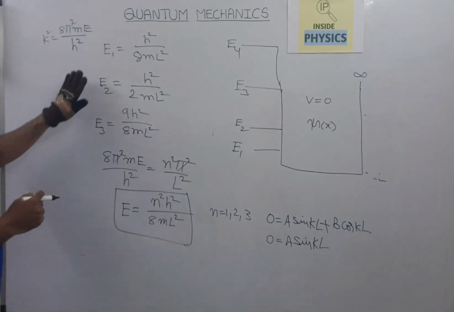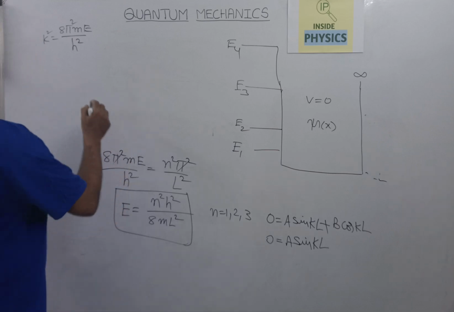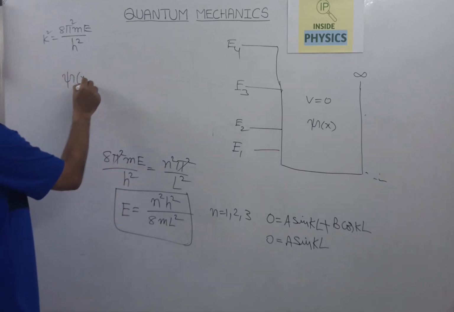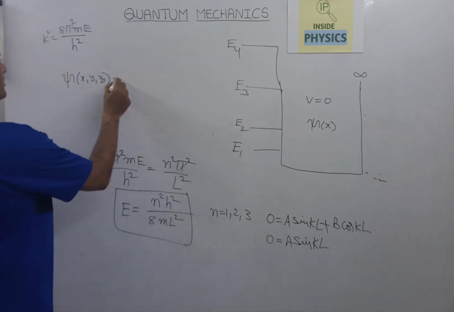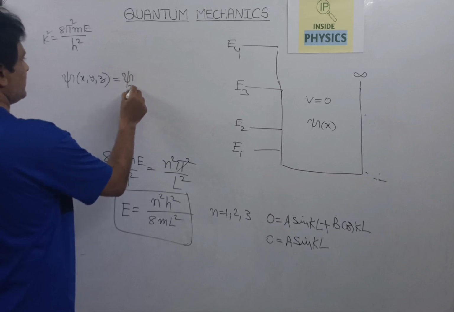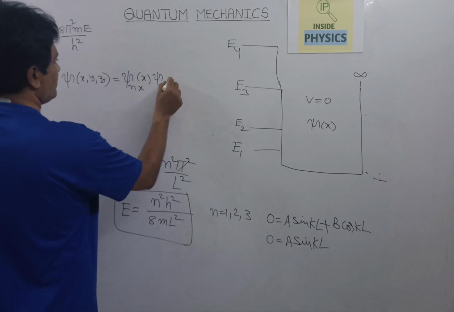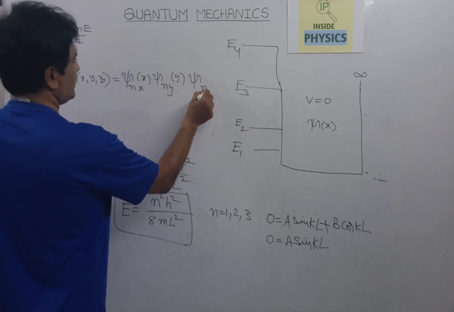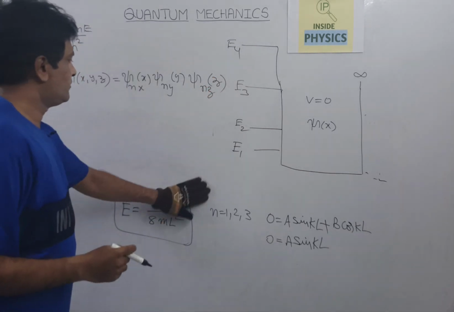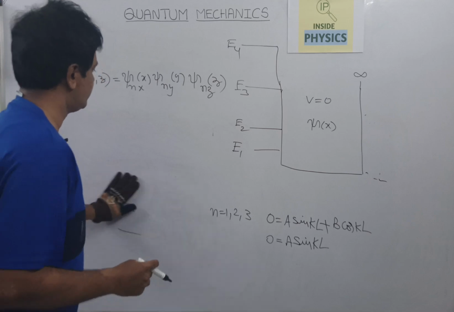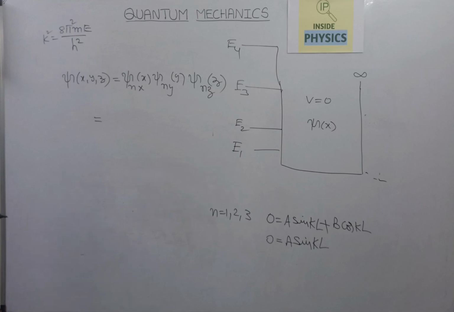If we apply the same thing to three-dimensional space, the psi function will become psi of x, y, z, where the coordinates x, y, z are of three-dimensional space, and this equation will become psi of nx of x into psi of ny of y into psi of nz of z.